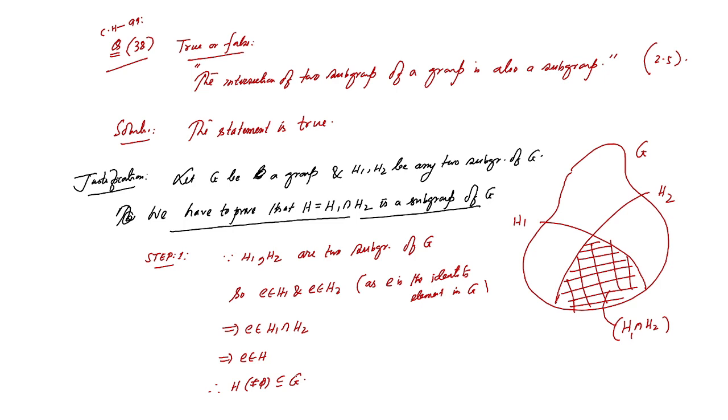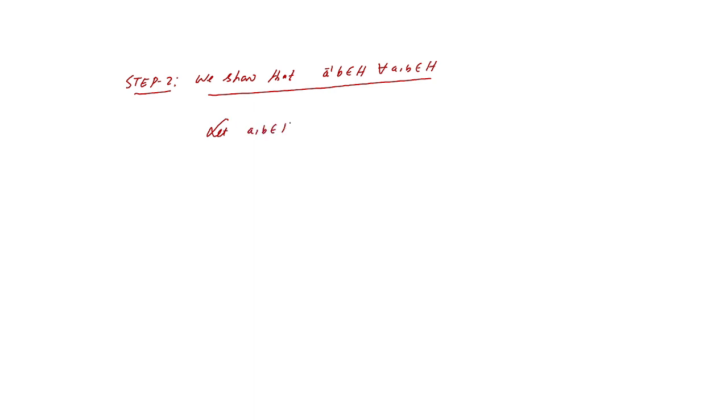Now we come to step 2. What will we show? In step 2, we show that a inverse b belongs to H for all a, b belongs to H. So let a, b belong to H. Here H means H1 intersection H2.